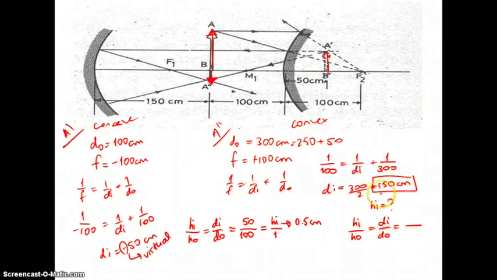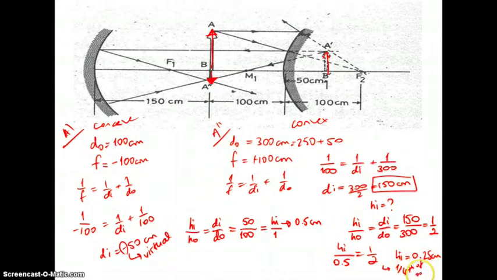We found that di is 150 centimeters, do is 300 centimeters. Again, this is 1 over 2. Since ho was 0.5 centimeters and this ratio is equal to 1 half, hi is 0.25 centimeters, so it is 1/4 of object A.